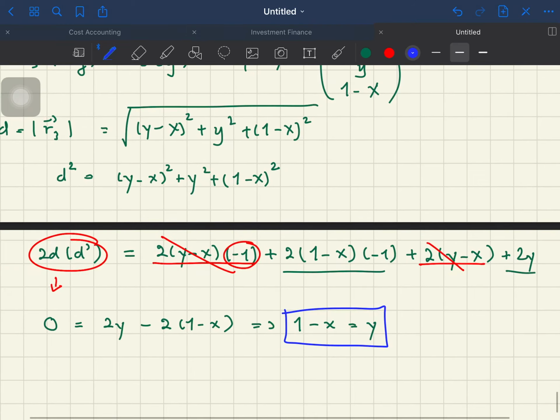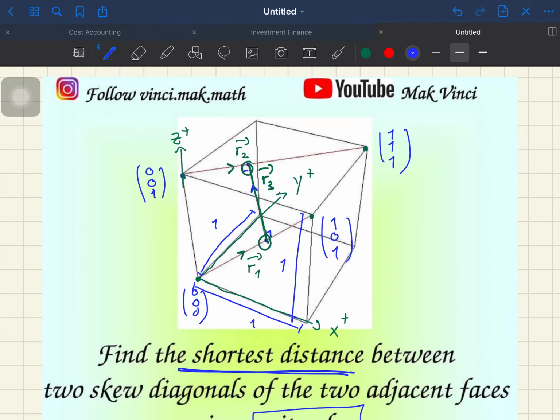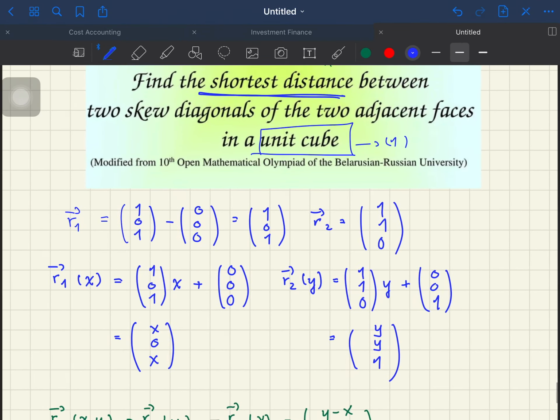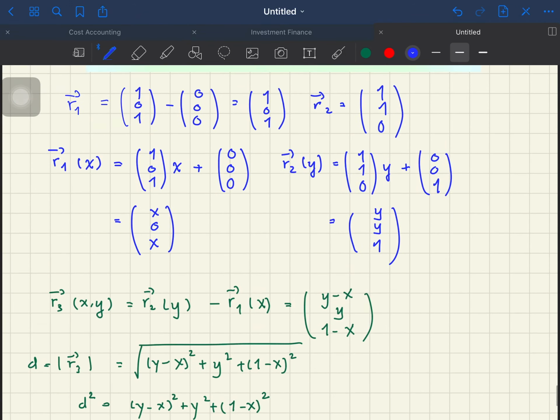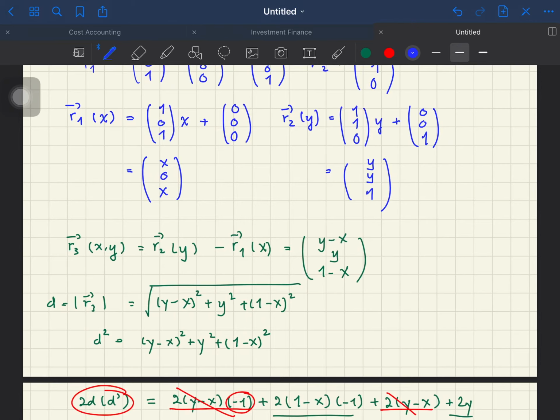How? We can recall the orthogonality between the vector R3 and R2, or between the vector R3 and R1. Let's say we choose the orthogonality between R3 and R1. Recall, R1 is nothing but (1, 0, 1), and R3 is this entire thing.